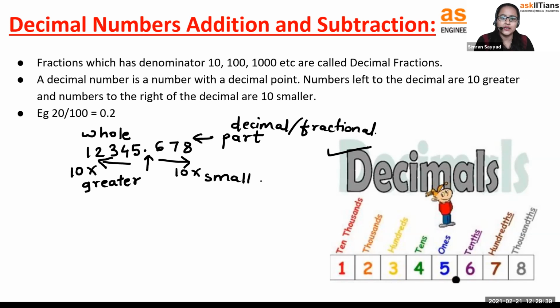You can see the notations here. This is ones, so 5 will be ones. Then the 4 is tens, 3 is hundreds, thousands, 10,000s, lakhs, 10 lakhs, accordingly. But if we go to the right side, that is my fractional part.